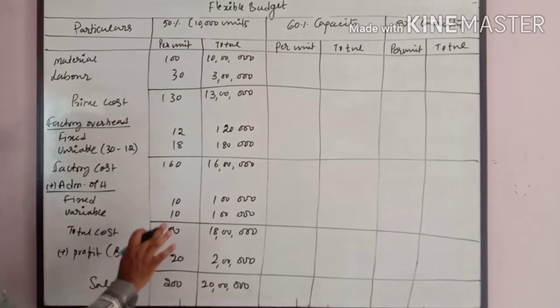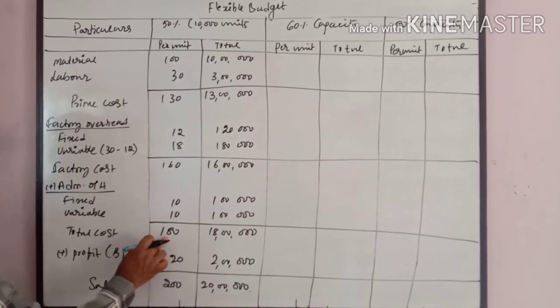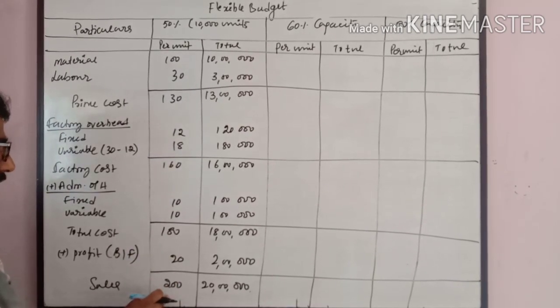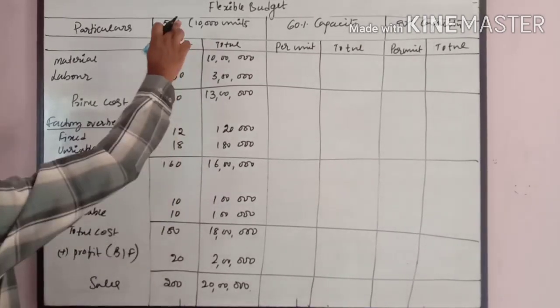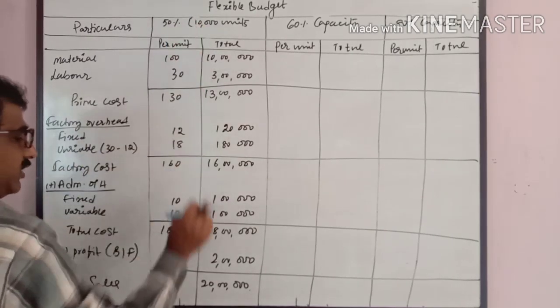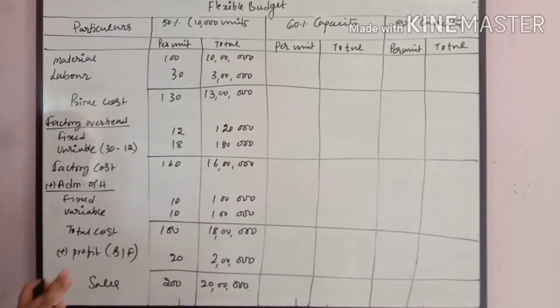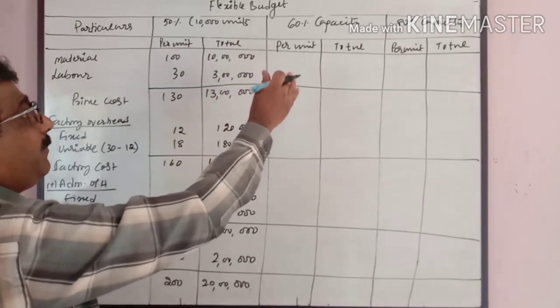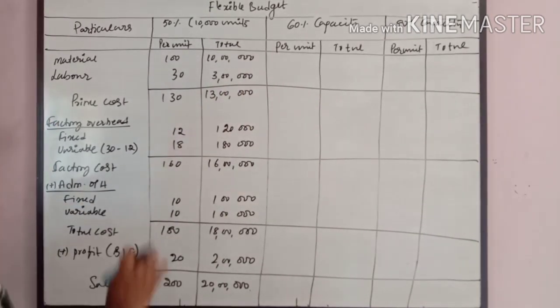It's not given, so this becomes the total cost or cost of sales. 180 plus 20 is 200. 200 into 10,000 comes to 20 lakhs, and 20 into 10,000, 2 lakhs. This information is very much available in the problem. Now I will work out for 60% and 80% capacity.